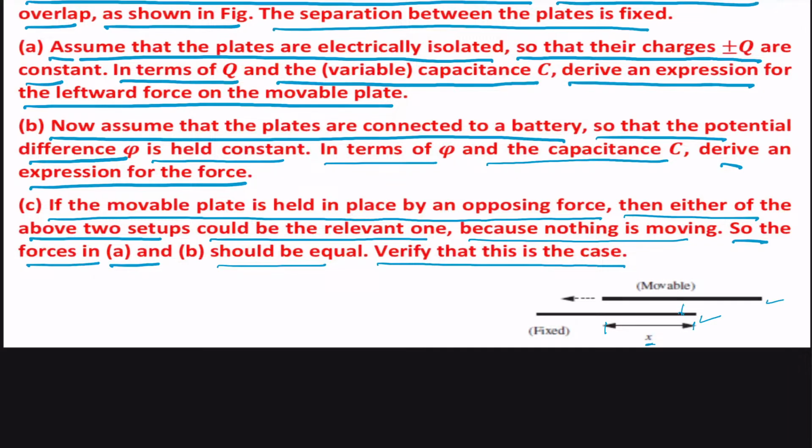So this distance is fixed, only the overlap length is going to change. So let us assume that the separation between the plates is D, and the plate width is suppose our W. And if you want, we can also use unit width. That's not a big problem, because nothing is going to change much with respect to width.